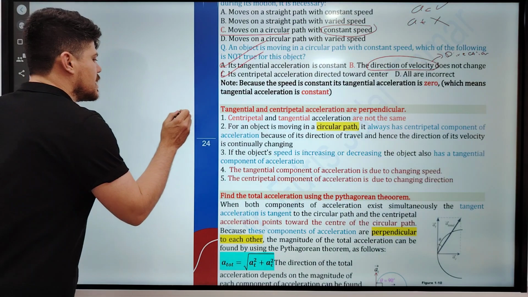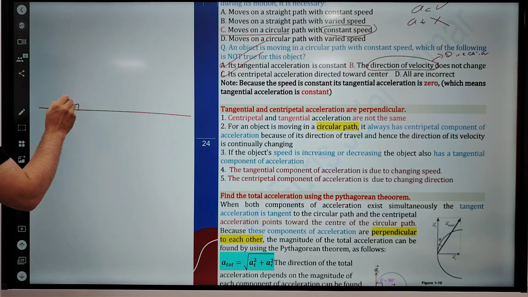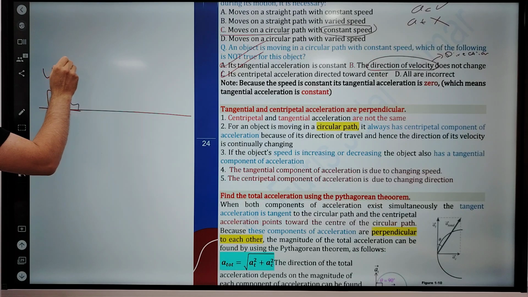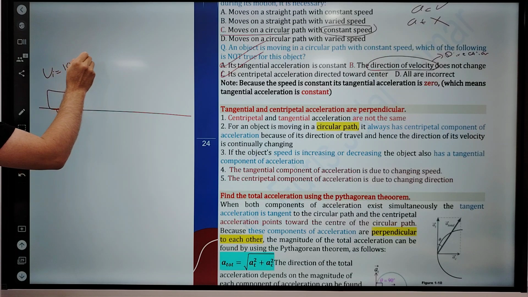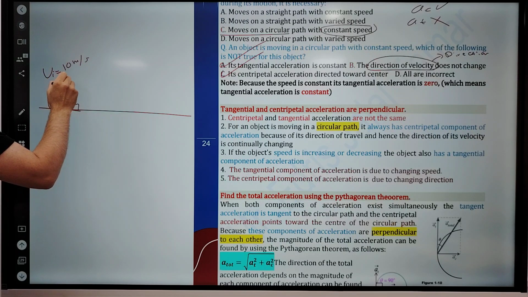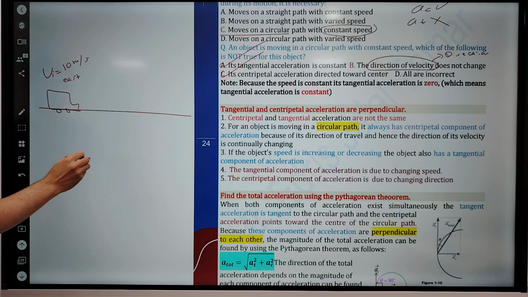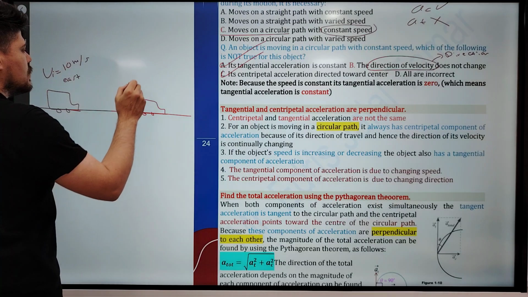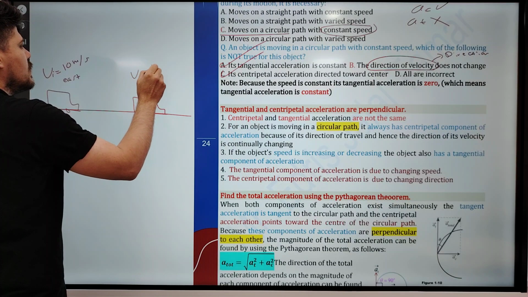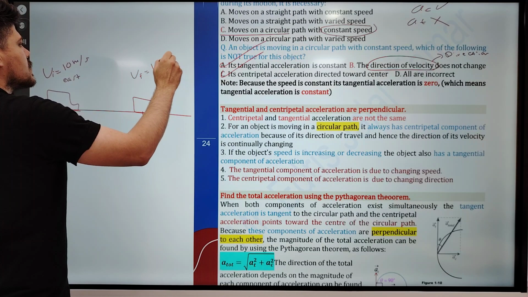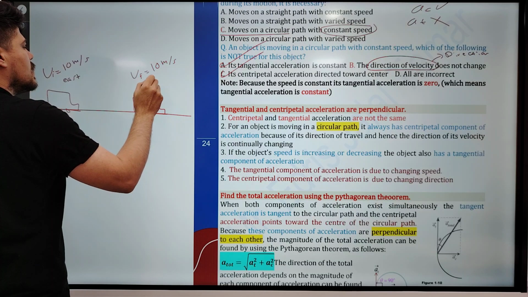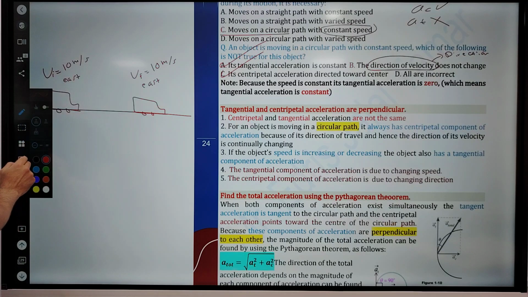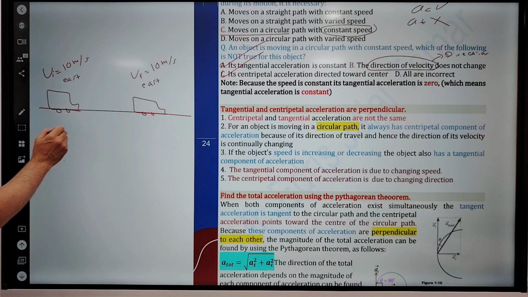But speed, for example, when a car is moving, V initial 10 meter per second, for example, to the east. After a while, the car reaches this point. V final 10 meter per second to the east also. So, can we say this object has constant velocity?